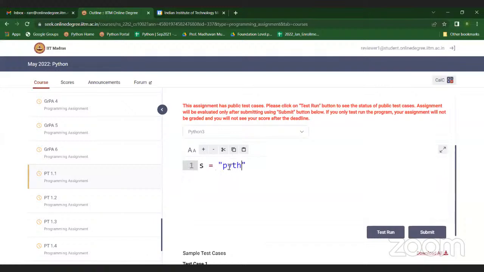Let's say S equals Python. When I print S of, and I'm not mentioning anything, it prints everything, to the end. And if I mention a starting index and do not mention the ending index, then it will print until the end. Starting from the second index, it will print until the end of it.